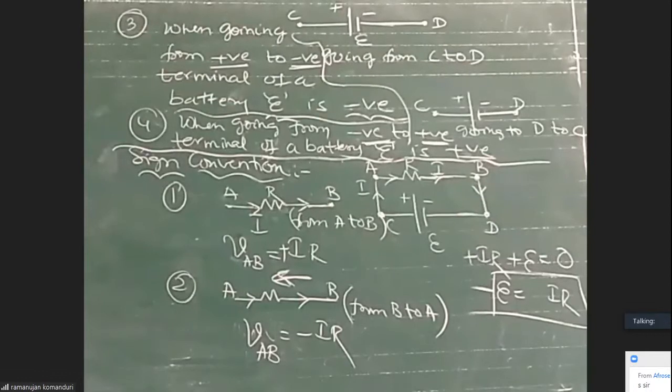Point number 2: when traveling from B to A, opposite in direction to the current, as the potential increases, VAB is positive.